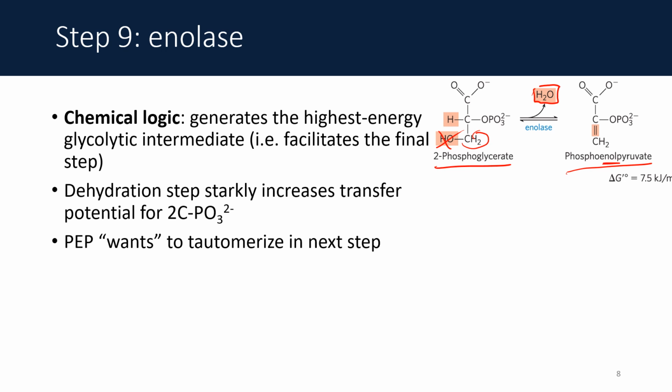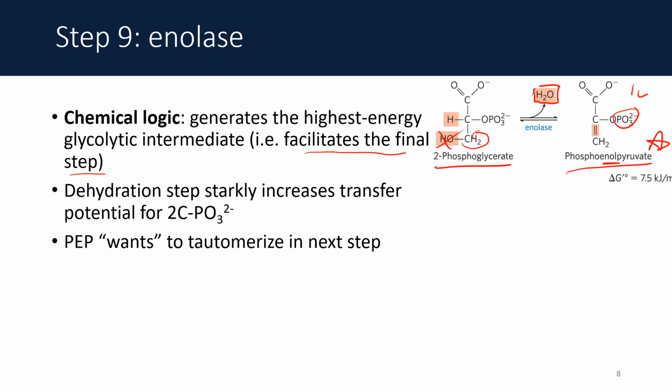So the chemical logic of this step is that phosphoenolpyruvate is actually the highest energy intermediate in all of glycolysis. This phosphoenol is so high energy that it makes this phosphate a good leaving group. And we need that to facilitate our final step, which is our last substrate level phosphorylation.